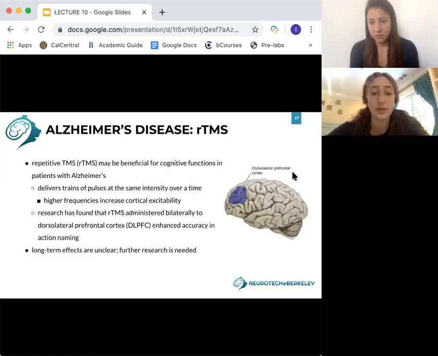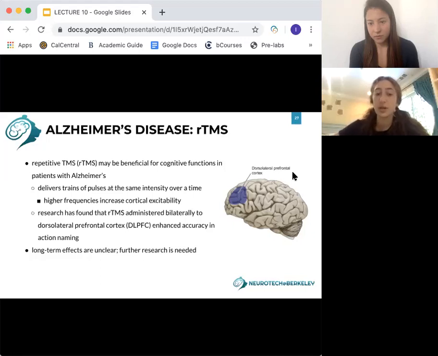A train of pulses is delivered at the same intensity over a time frame, which is thought to increase cortical excitability. The main problem in Alzheimer's is neurodegeneration all over the brain, so increasing excitability could strengthen the neurons and synapses that have not died off and perhaps delay further degeneration.